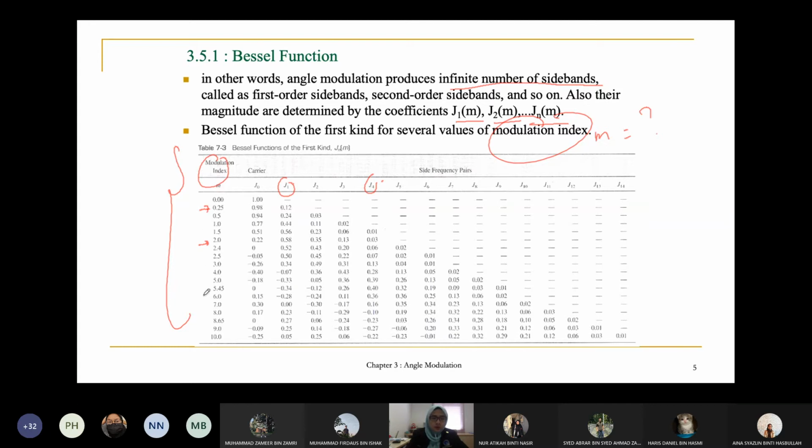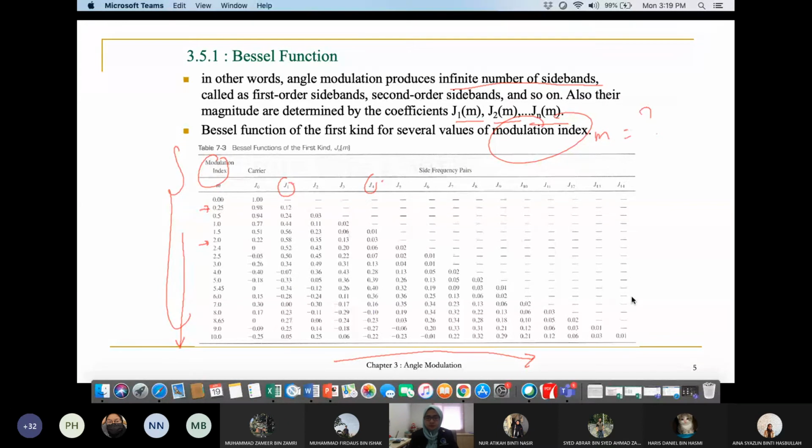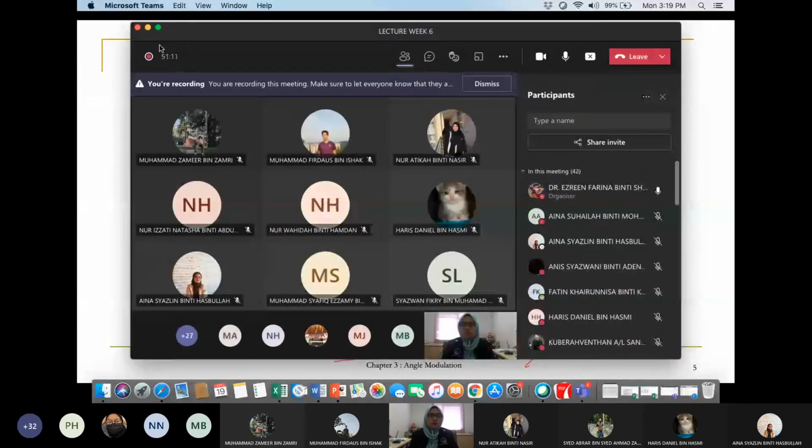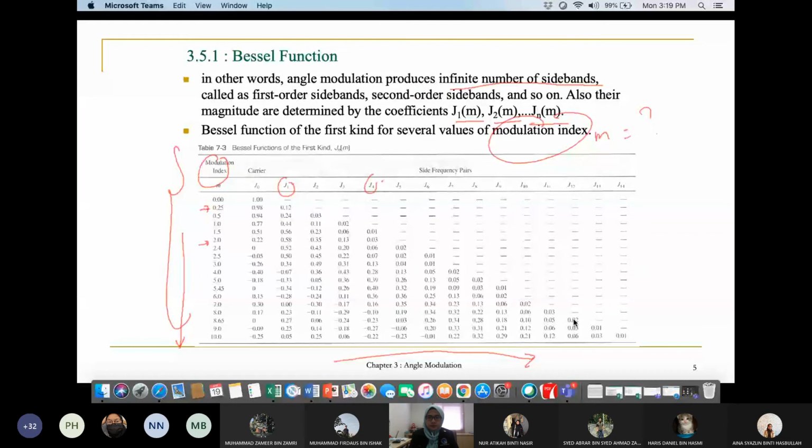As your modulation index increases, your number of sidebands also increases. That is why we said that the number of sidebands for angle modulation is infinite. This table only shows you up until m equals 10, but it can be bigger than 10.